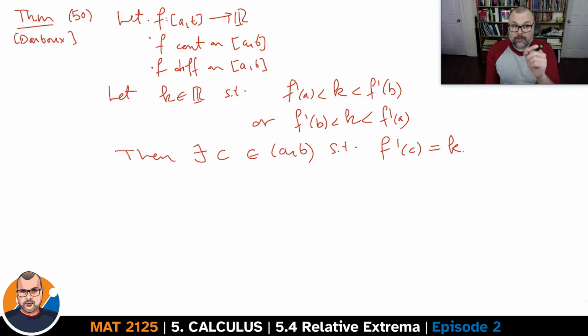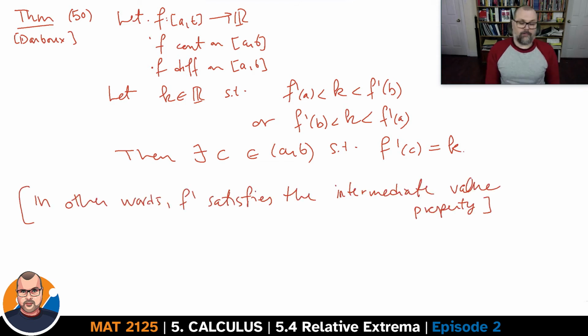So even though the derivative is not necessarily continuous, and there are examples where the derivative is not continuous, you can actually show, thanks to Darboux's theorem, that the derivative satisfies the intermediate value property, even if it is not continuous. That is just mind-boggling.